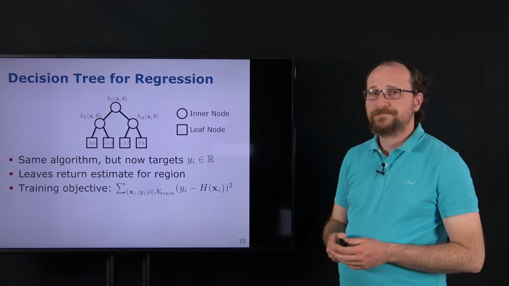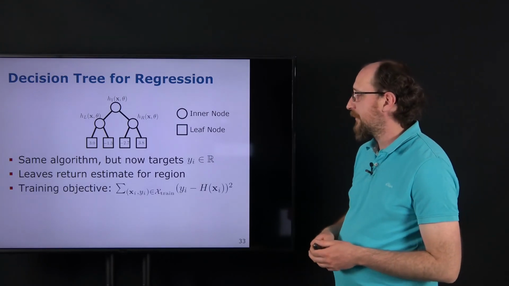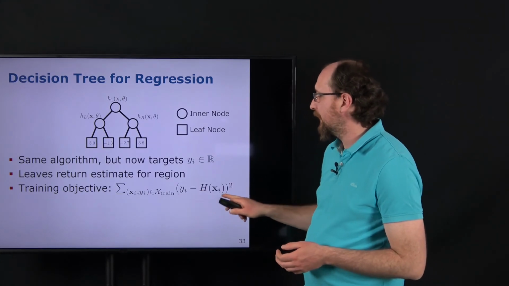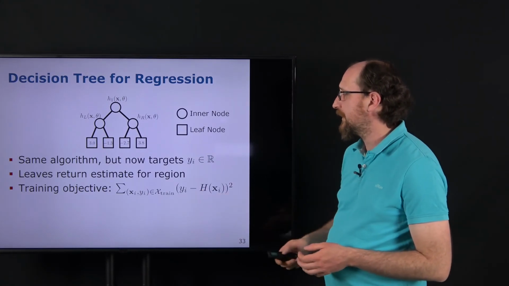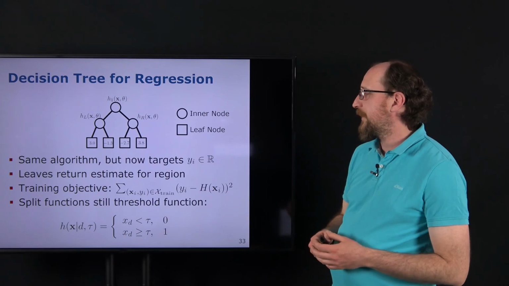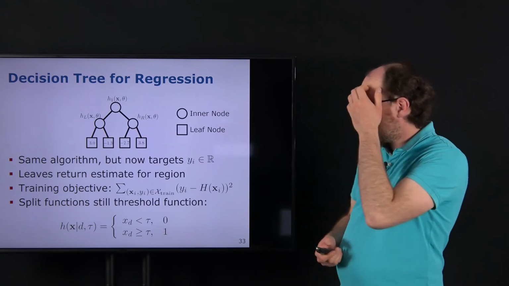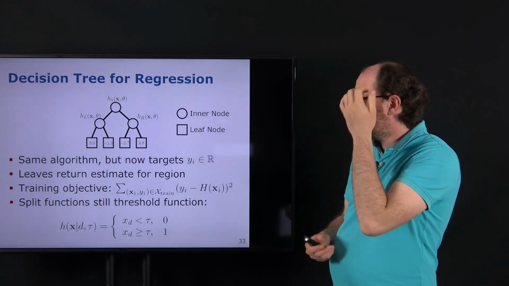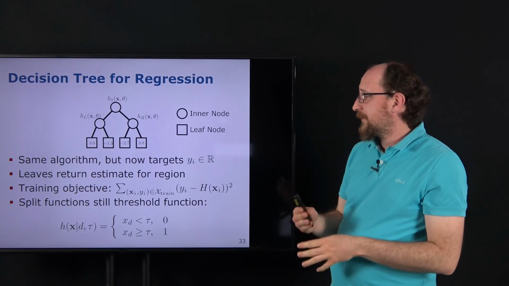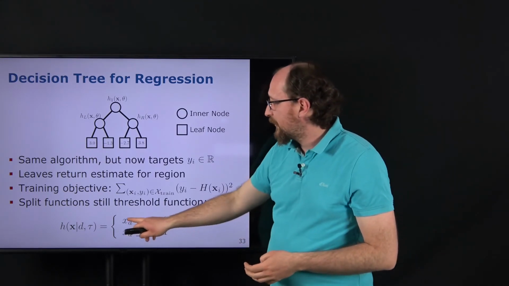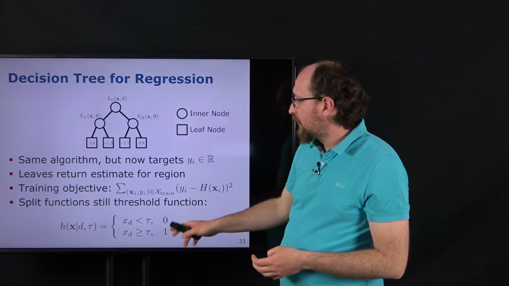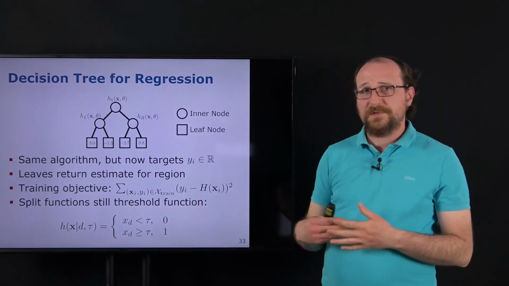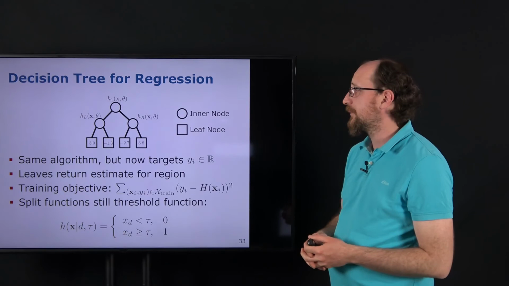The training objective is to minimize the squared error, the L2 loss. And the split functions are still the same as before. We're just splitting the feature space according to some dimension of the features, and we use this tau to go left and right. This is exactly the same as for the classification trees.